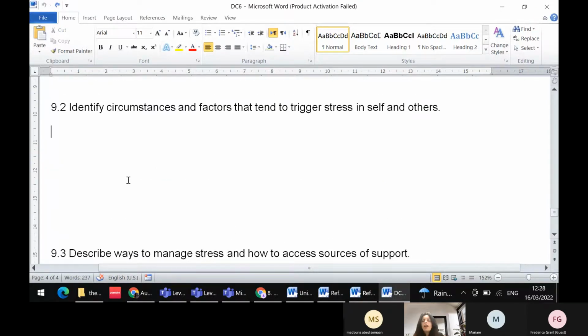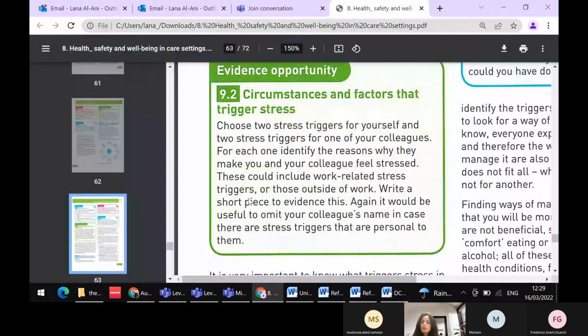Now identify circumstances and factors that tend to trigger stress in self and others. So what could be any factors or any circumstances that trigger the stress? Can you think about any circumstances that might create stress for people? So here the book tells you to choose just two.